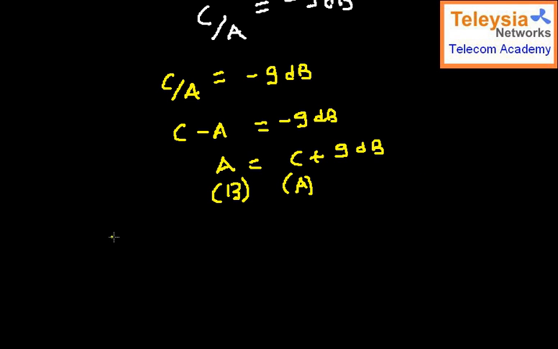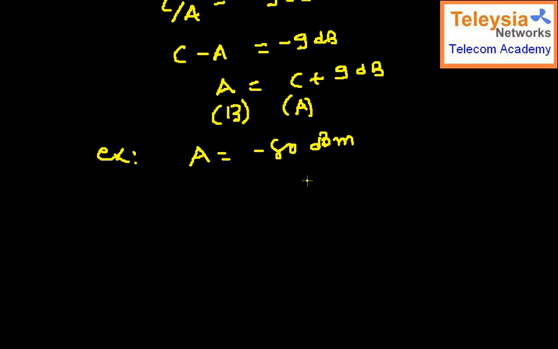Let me assume the example over here. For cell A, let's say I am getting minus 80 dBm, which is a considerably good outdoor signal, and this is the F1 frequency from cell A. Let's find out what we are supposed to get from B at that location.